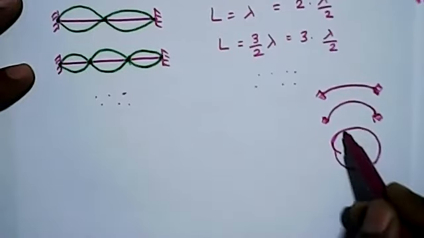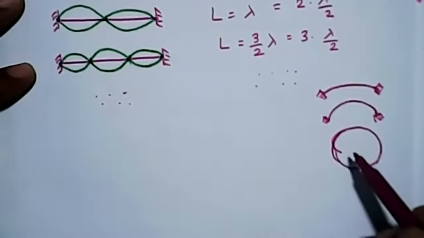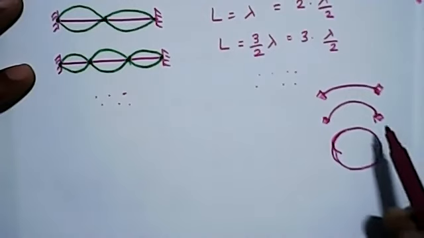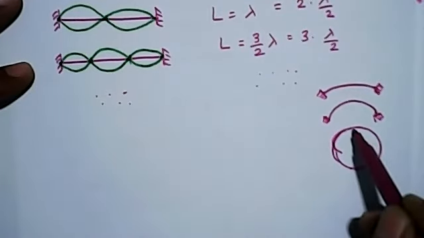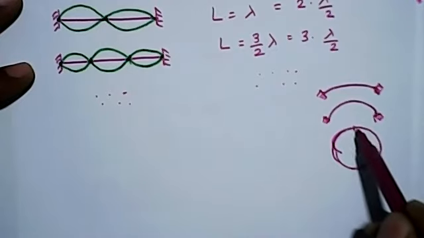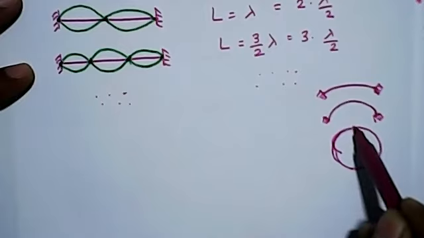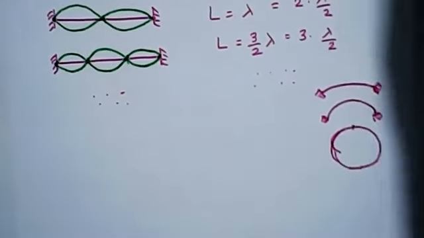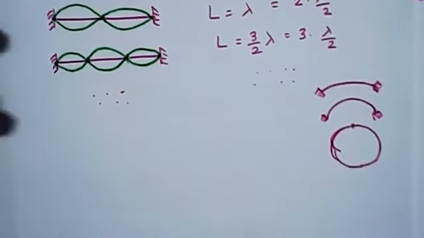Then what is the meaning of our equation lambda equal to 2 pi r? That means it will be like this. Okay, so I will use a different color. See, it will be like this.